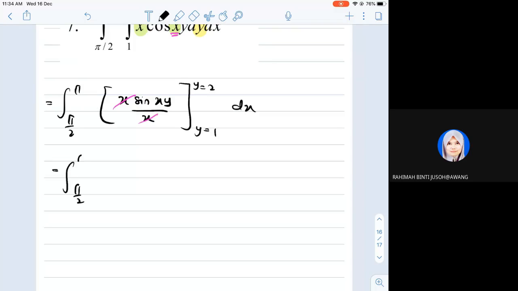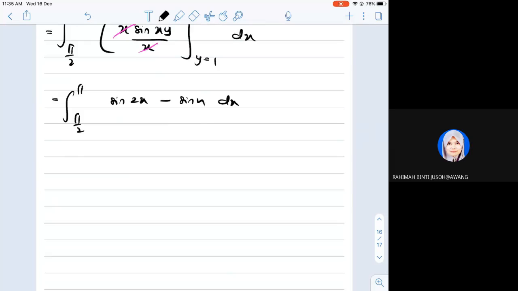Happily, you can integrate. So pi over 2 to pi, sin xy. Substitute y equals 2, so you will get sin 2x, minus, substitute y equals 1, so minus sin x, dx. So of course, integrate sin, do we get positive cos or negative cos, guys? Negative. Negative cos 2x divided by 2 minus, integrate becomes negative cos x.